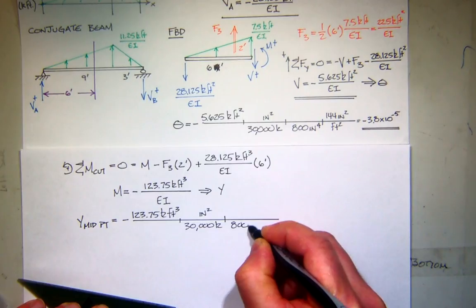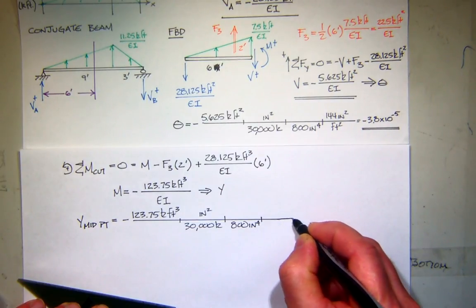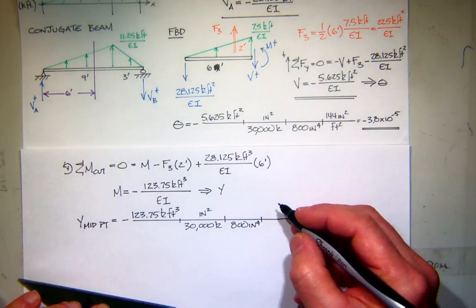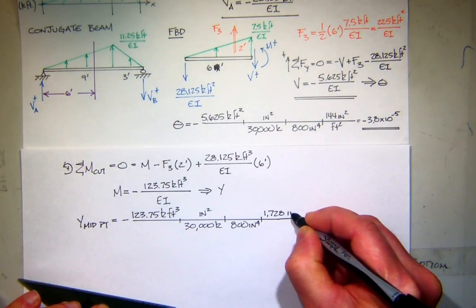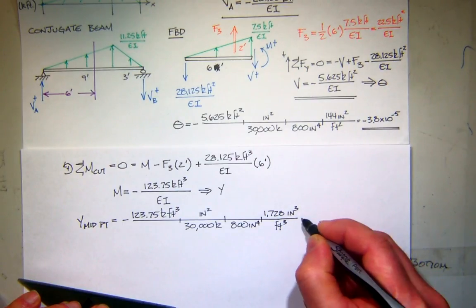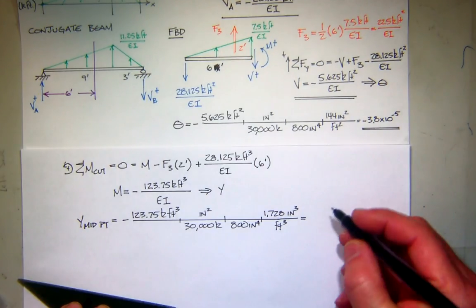Moment of inertia is 800 inches to the fourth. And for cubic feet to inches, you have to have 12 cubed, which is 1,728 inches cubed in a foot cubed. So all that should have the units of inch.